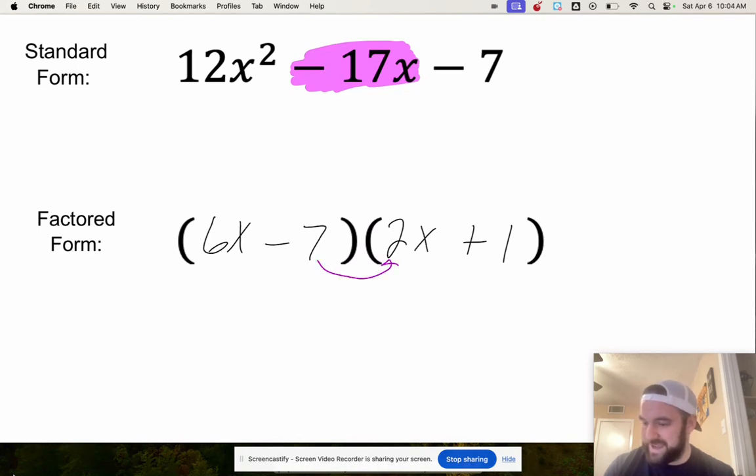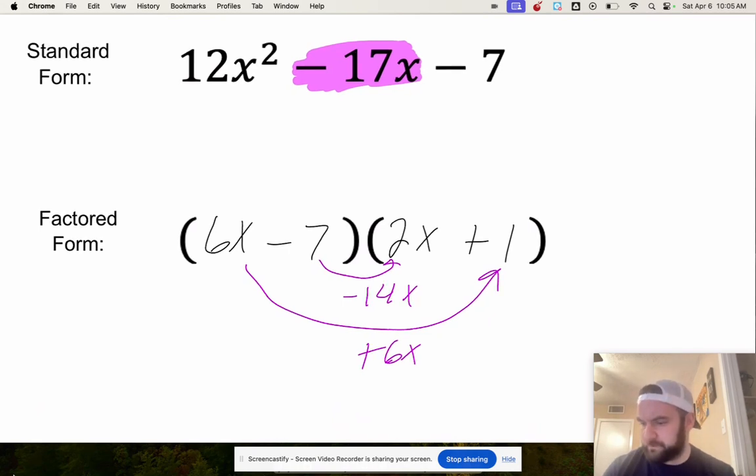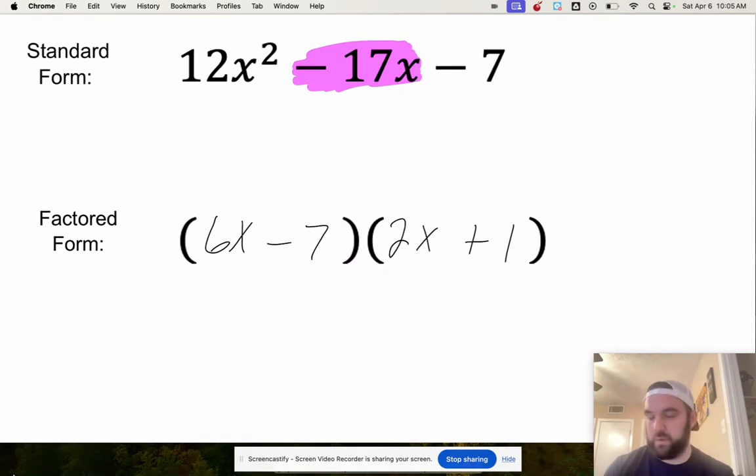That would give me negative 14x and positive 6x, which is closer. It's negative 8x, but that's still not negative 17. So now that I've tried 6 and 2 in both spots, and I haven't gotten either positive or negative 17, I got to try something besides 6 and 2.